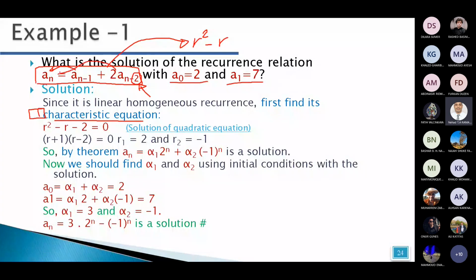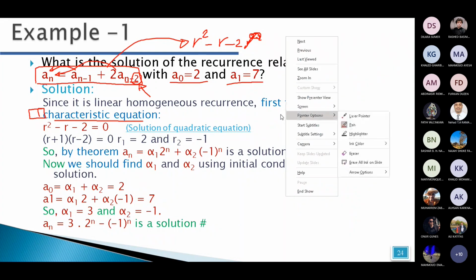This also goes to the other side, it's minus 2 r power k minus 2. N minus 2 becomes k minus 2. K is 2, minus 2 is 0. R power 0 is actually 1, so we don't need it.